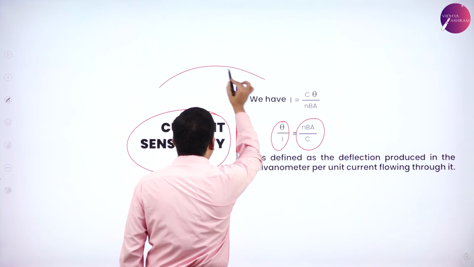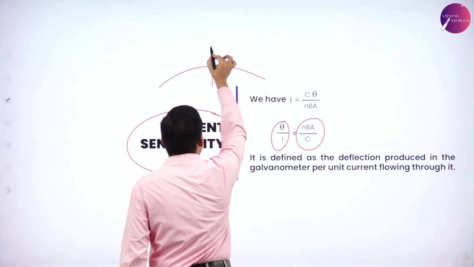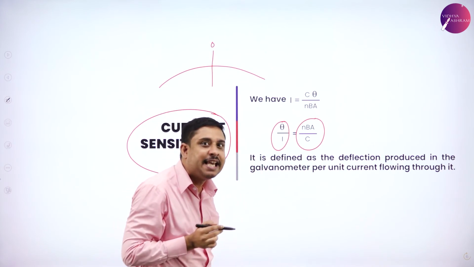Suppose this is the galvanometer whose pointer is showing 0.